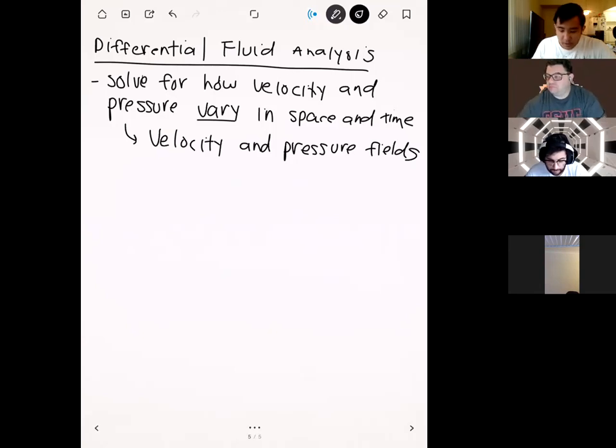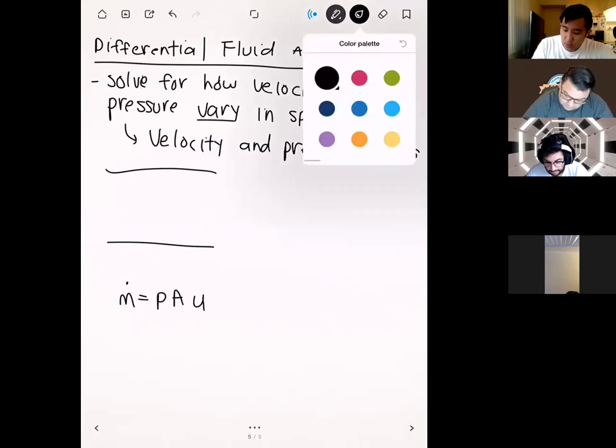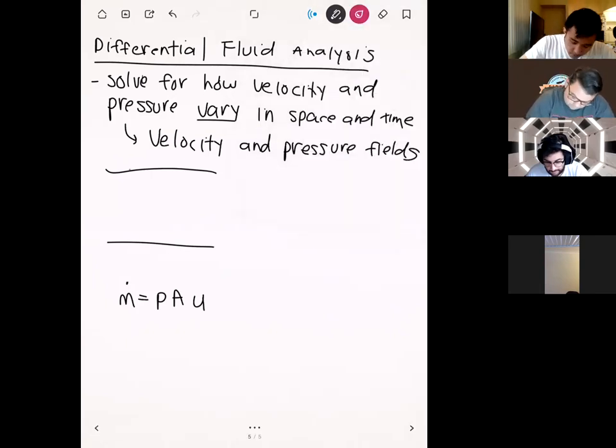Okay. And so I have one image to illustrate this. In control volumes, say that we have a flow in a pipe like this. Okay. And say that we want to compute the mass flow rate here. Remember, our mass flow rate is given by the product of the density times the area times the velocity. Okay. And what we implicitly assumed here is that our velocity was uniform across this entire plane.